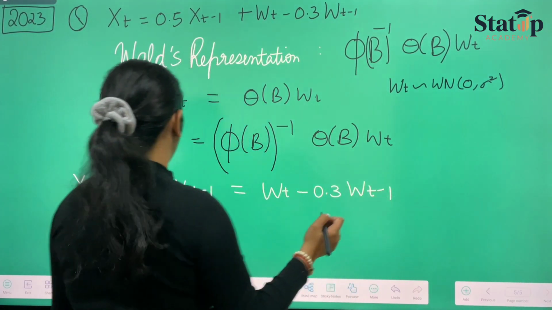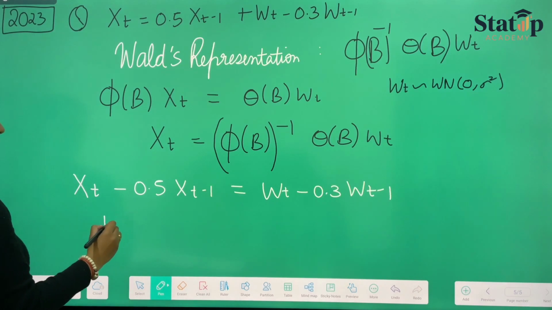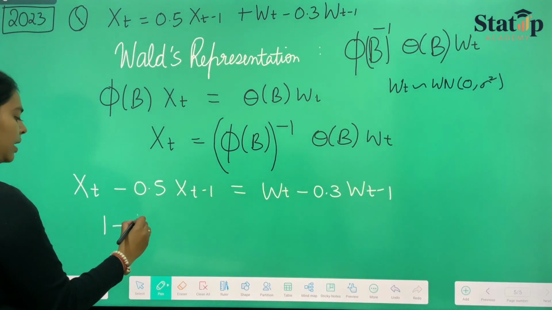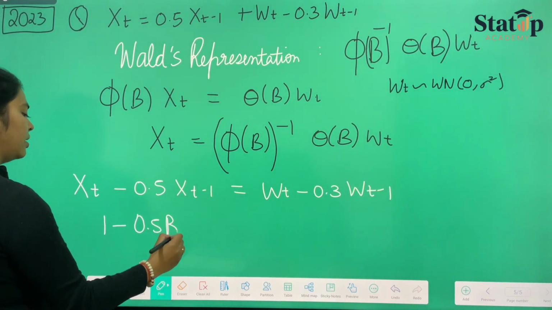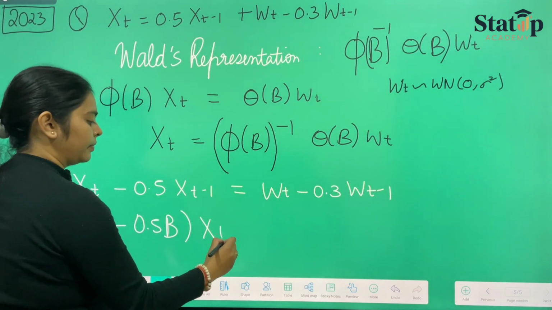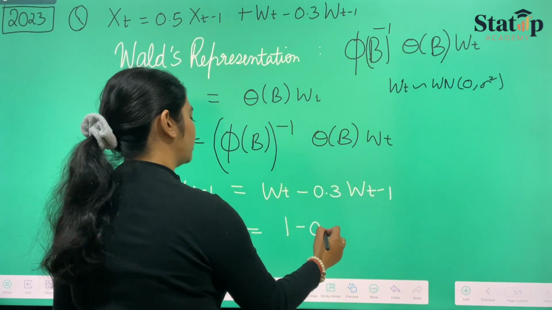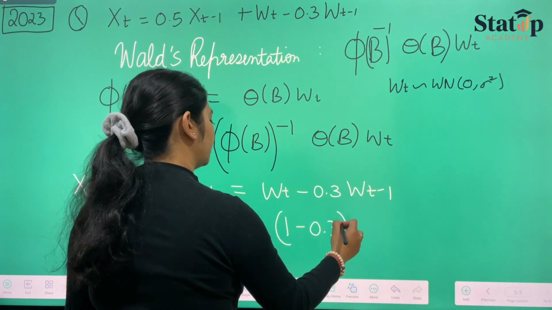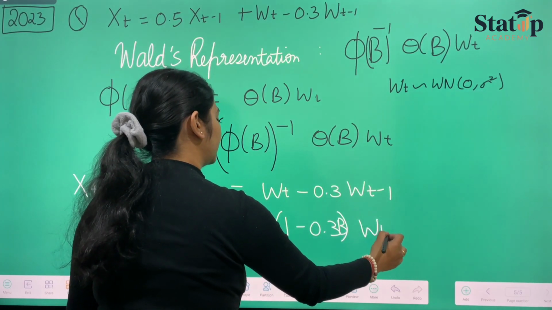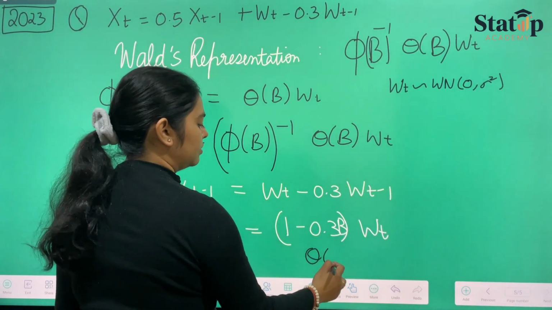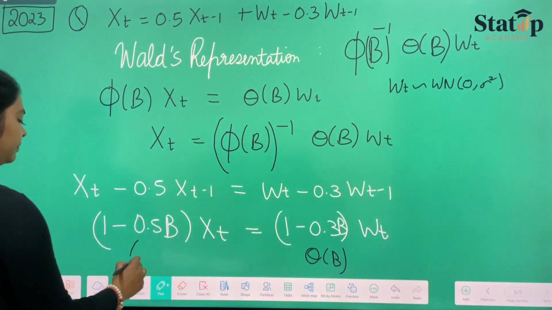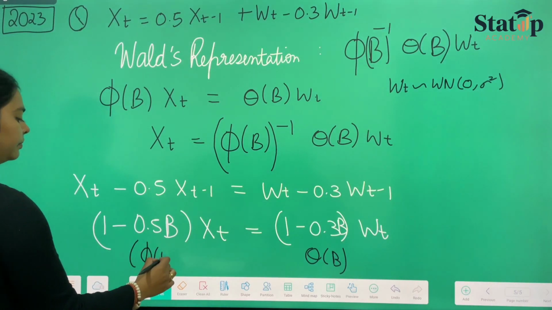We can take the backward shift operator: 1 minus 0.5 b into xt equals 1 minus 0.3 b into wt. Now this is our theta b and this is our phi b.